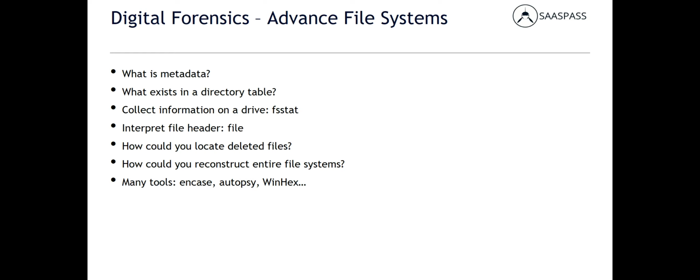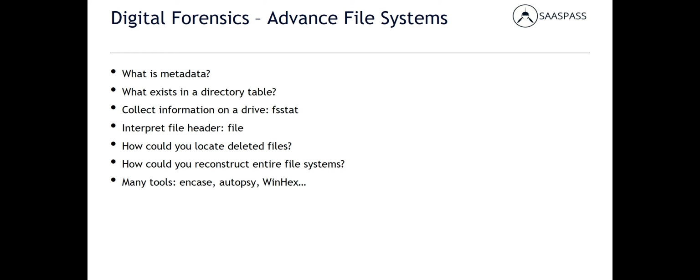And these tables, most of the time, include other data that could be useful for the computer users. For example, the date of the creation of the file, the date of the modification of the file, the date and time of the last access, also the owner of the file or who last accessed that file, and some permissions, whether it is readable or not, and whether someone could access it or not.